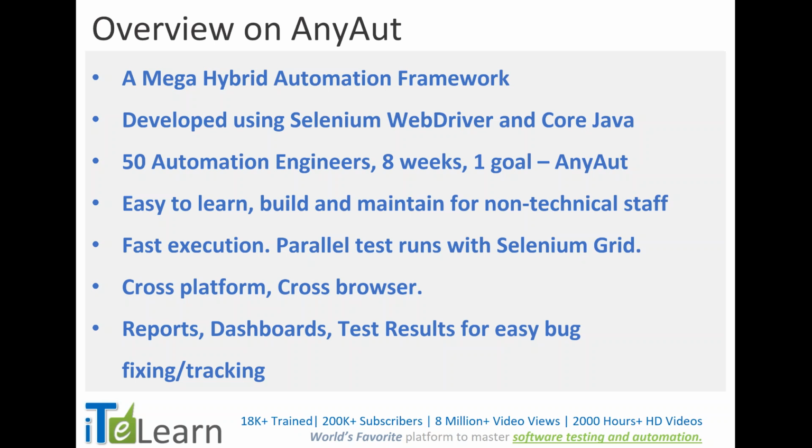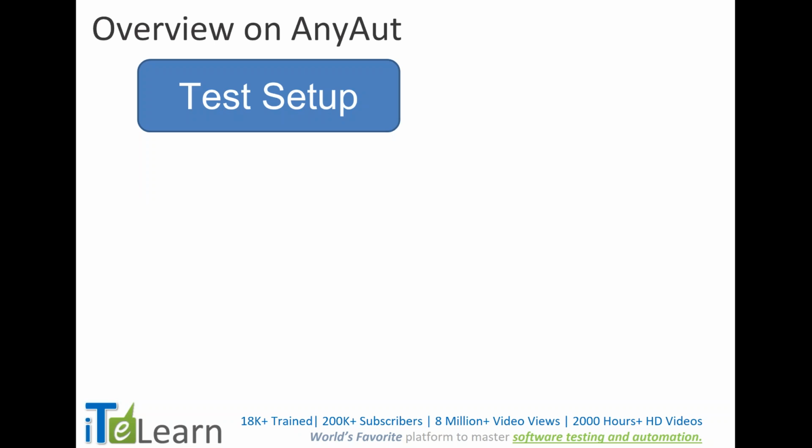Finally, we've developed amazing dashboards and reports that let us drill down and see where the defects are coming from. So the way ENIOT works is we start with a test setup. We enter the information that the application, its respective modules and the modules' respective test cases require into the test setup.